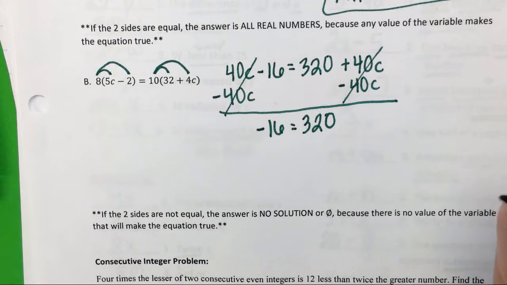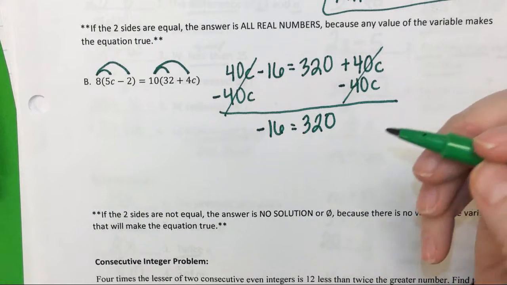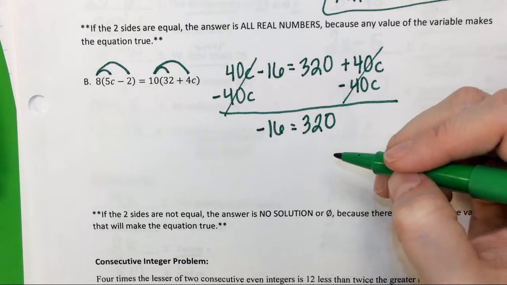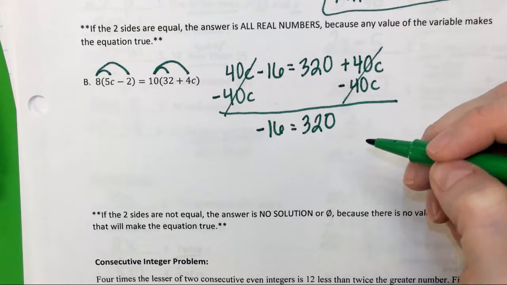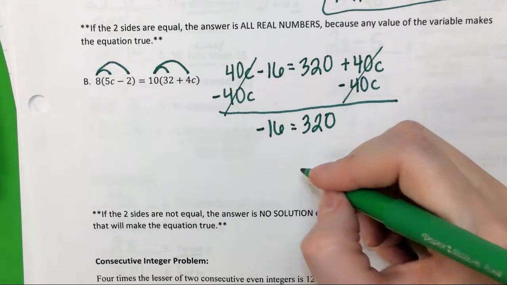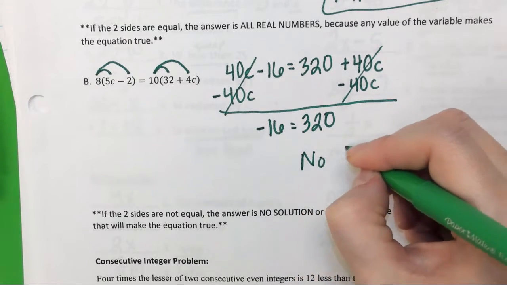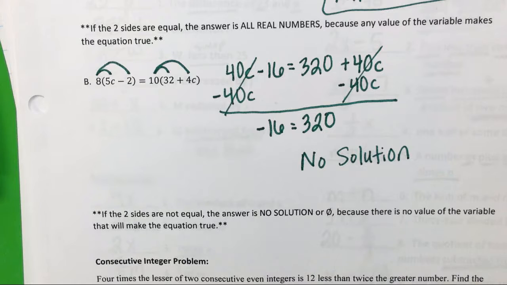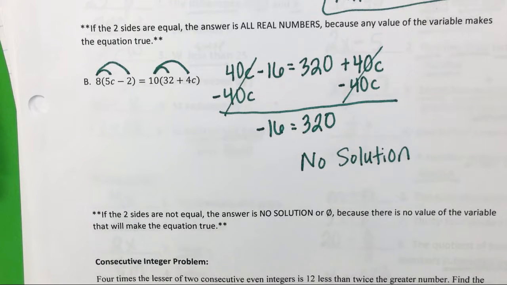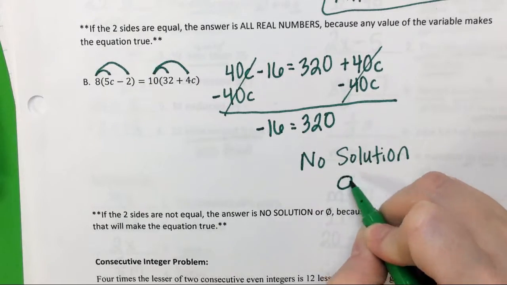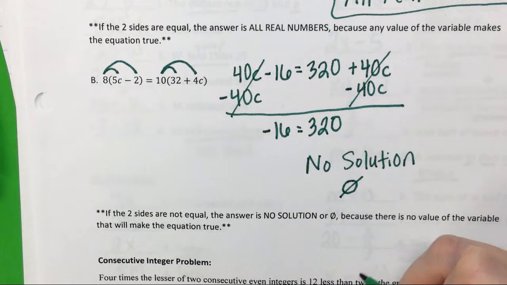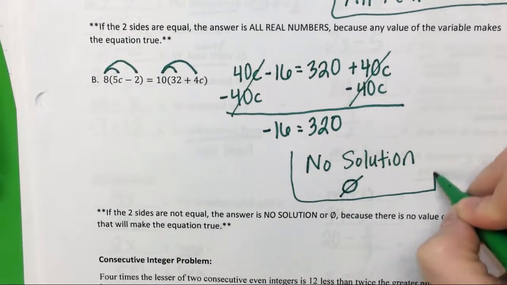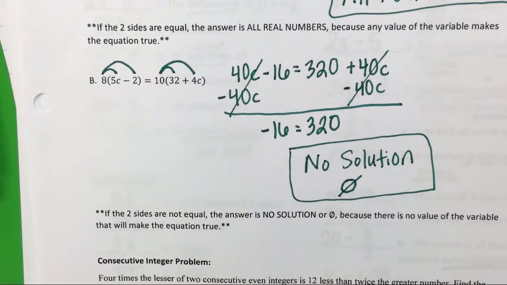Well, of course, the answer is no. So that means there are no possible values that I could put in for c that would make this equation true. So the answer is no solution. Now on this one, there is a symbol that you can draw for no solution. It's going to be a circle with a line through it. You can write the words or you can draw the symbol.